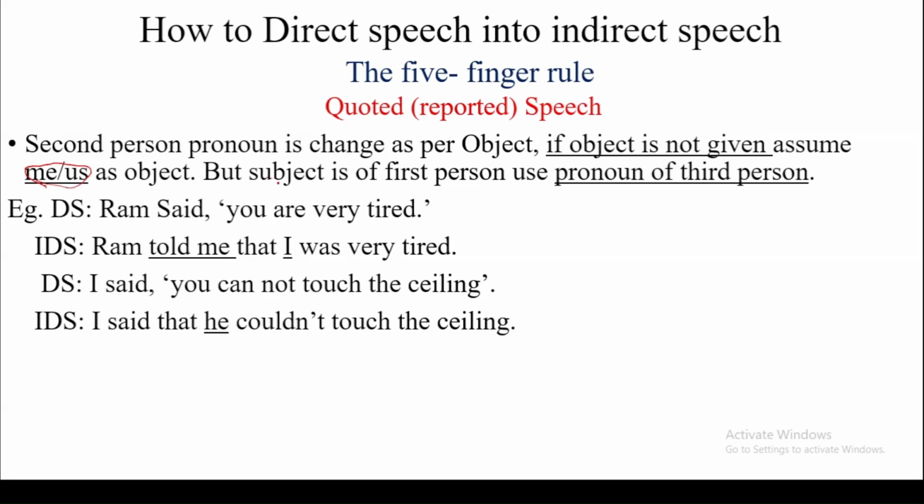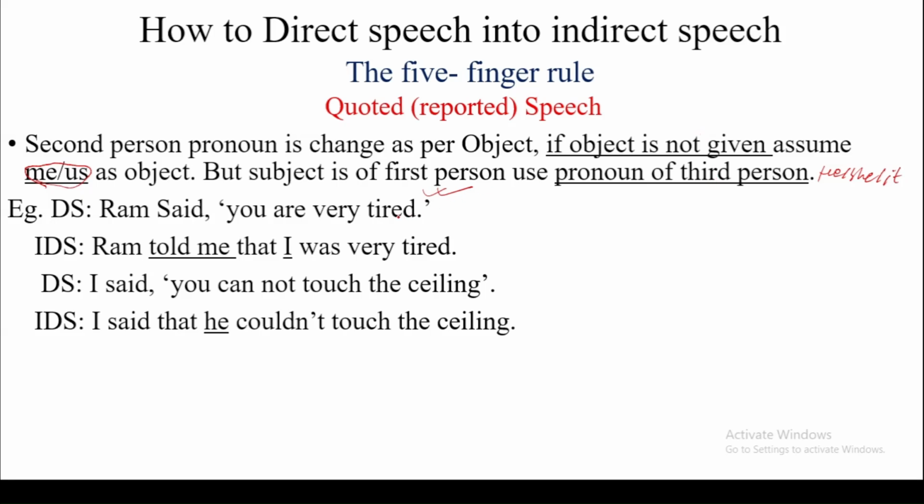But if the subject is first person, we can use a pronoun of third person like he, she, it, they. So if we have a pronoun of second person but do not have an object, first of all we assume a pronoun of first person, and if it doesn't suit, we use a pronoun of third person.